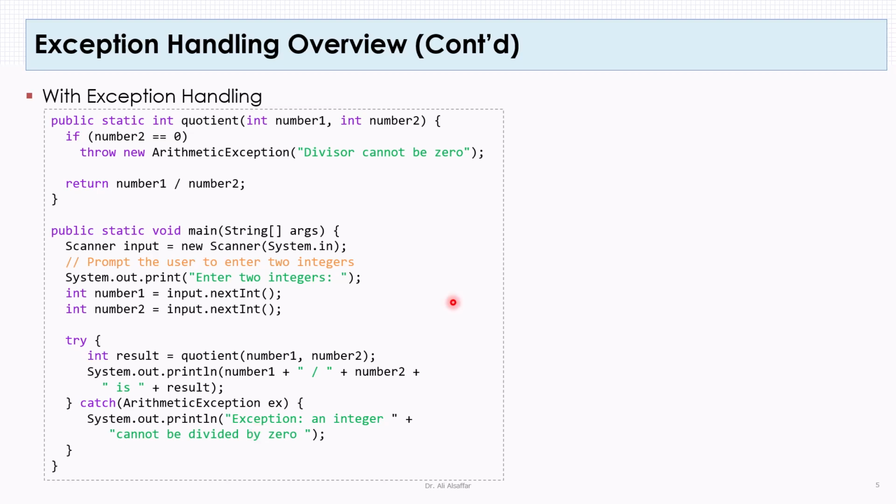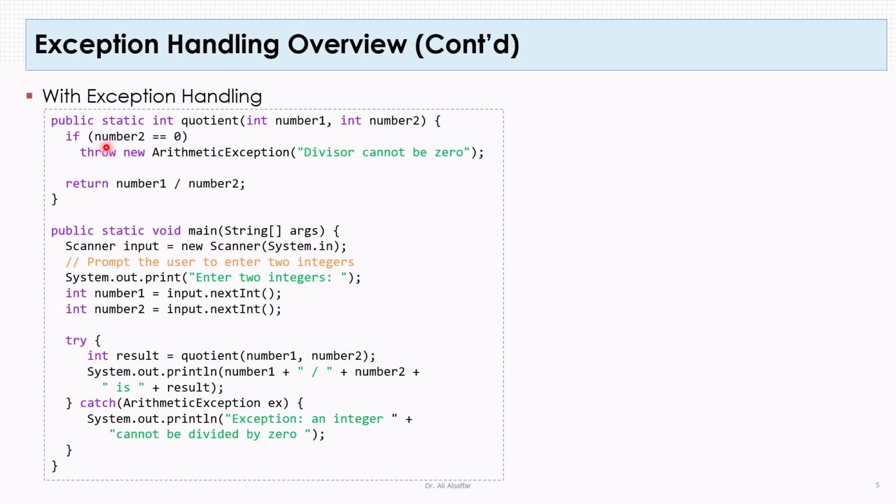So let us see how our program works. We use a try and catch block inside the main method, and we call the method inside the try statement. After reading the 2 numbers, number 1 and number 2, we call the method quotient, supplying number 1 and number 2 as input parameters. Then we will jump to the quotient method.